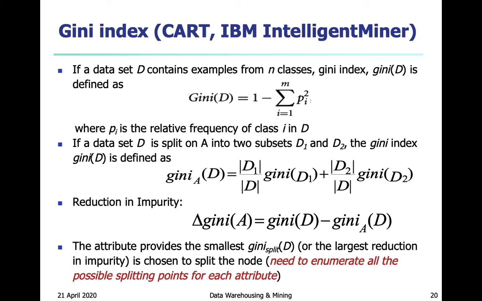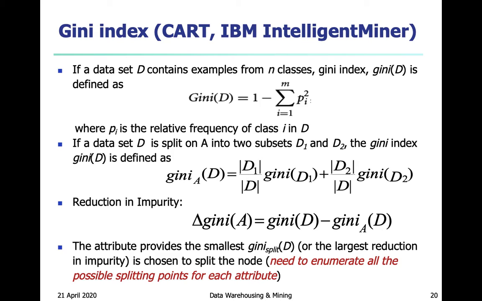If A has v possible values, then there will be 2 to the power v possible subsets according to the set rule. Suppose in case of income, three possible values are there: low, medium, and high. So the possible subsets will be: low, medium, high, low-medium, low-high, medium-high, low-medium-high, and the empty set. So these 8 subsets are there.